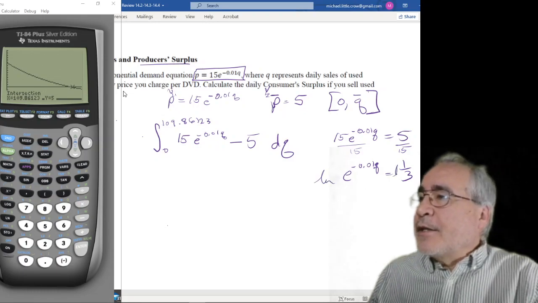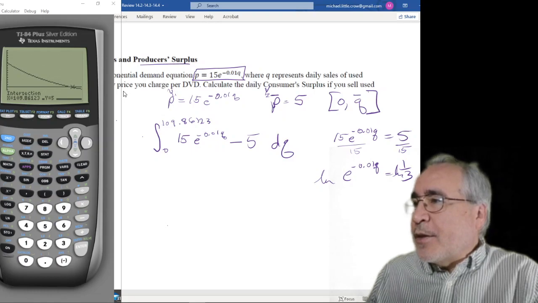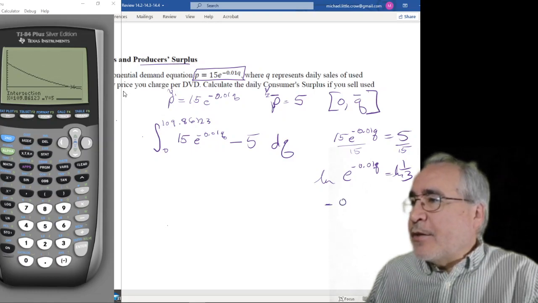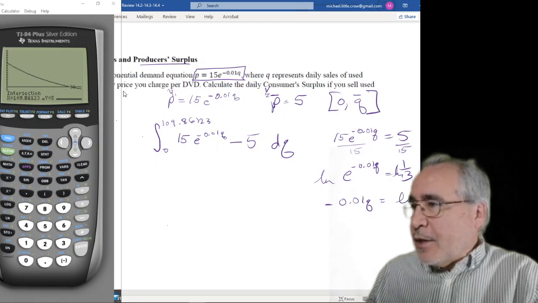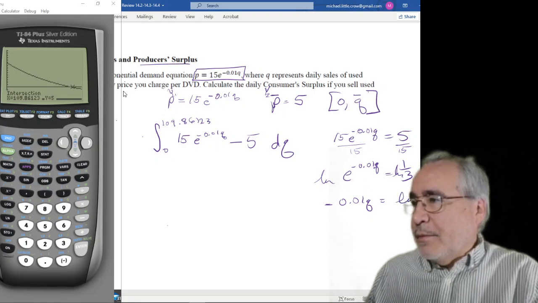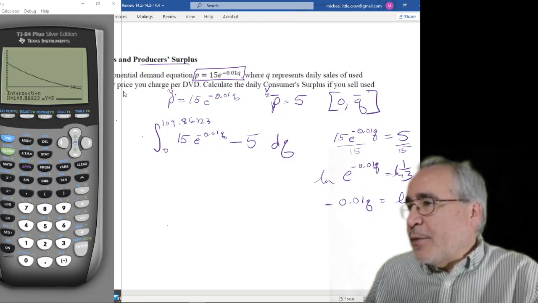Take natural log of both sides, and what does that get us? This comes down. Natural log of e is just 1, so this whole side just becomes minus 0.01 q. This is natural log of 1/3. And then we just divide by negative 0.01.